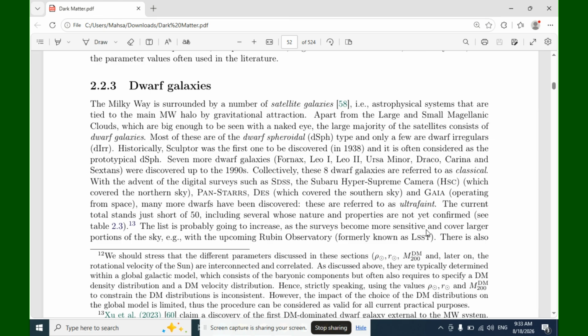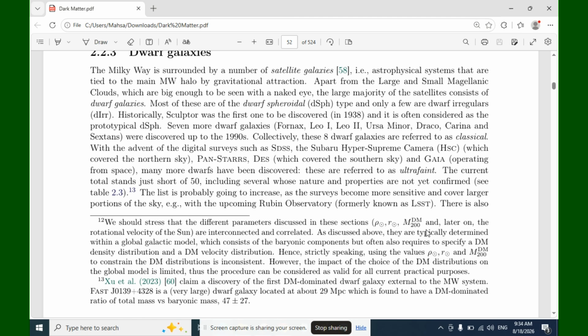The current total stands just short of 50, including several whose nature and properties are not yet confirmed. See table 2.3. The list is probably going to increase as the surveys become more sensitive and cover larger portions of the sky, for example, with the upcoming Rubin Observatory, formerly known as LSST.